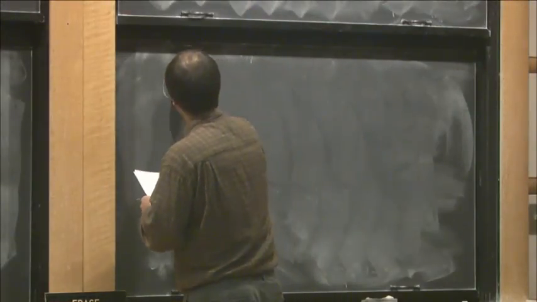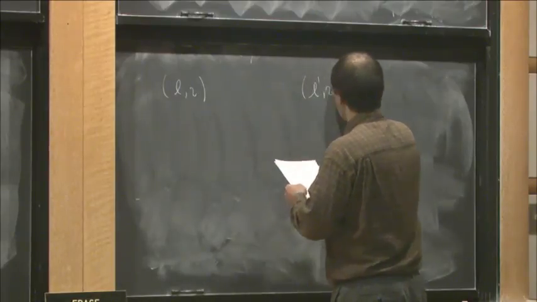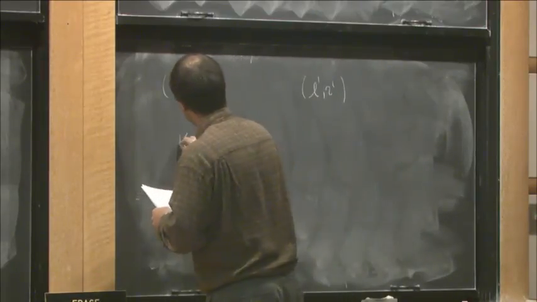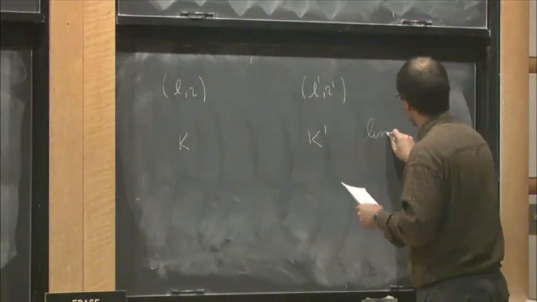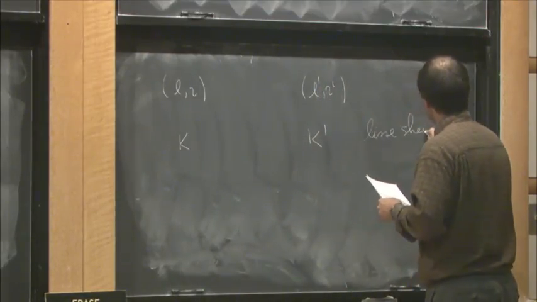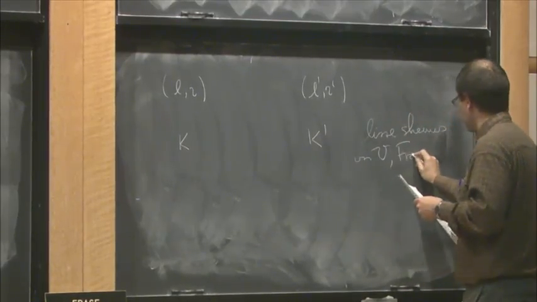And then I have my L and then an iota, and L prime, iota prime. I'll have a K and a K prime. These will be Lie sheaves on U, which are Frobenius compatible.